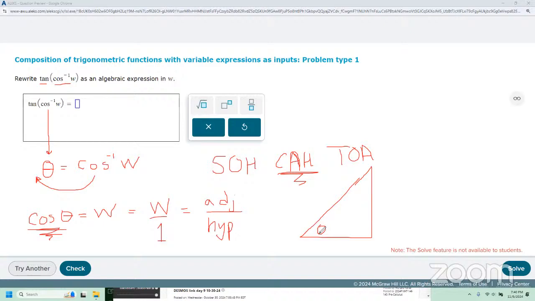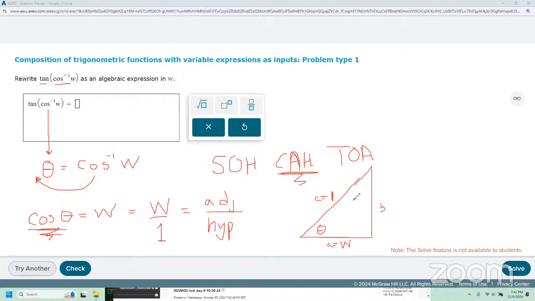So the adjacent and the hypotenuse, which one is the hypotenuse? A, B, or C? C. C is the hypotenuse. Thank you, Moment. Which one is the adjacent, A or B? Adjacent has to be next to theta, but not the hypotenuse, so it's got to be A. That's just W.